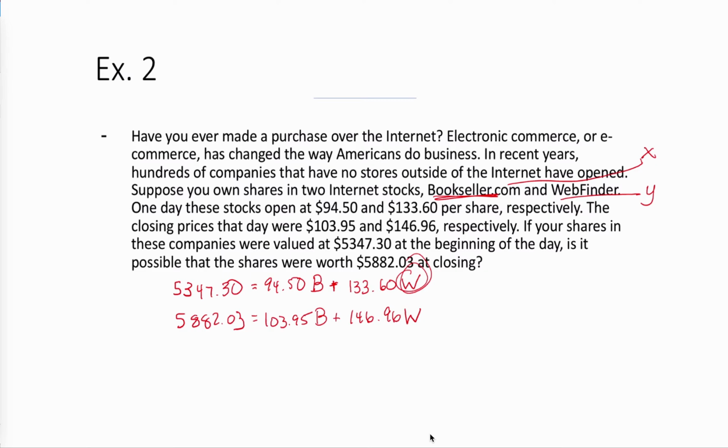So 5,347.30 minus 94.50B equals 133.60W. And then we have to divide everything by 133.60.